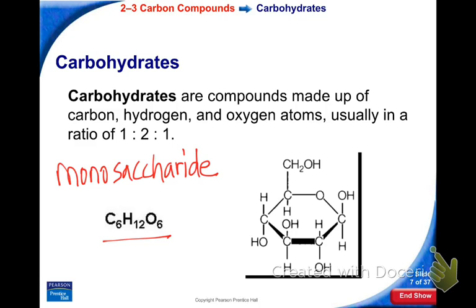Here is a molecular diagram of a monosaccharide. It's a ring of carbons with carbon, hydrogen, and oxygen, always in a 1 to 2 to 1 ratio. So for every one carbon, there's twice as many hydrogens and 1 oxygen. So C6H12O6. Twice as many hydrogens there.